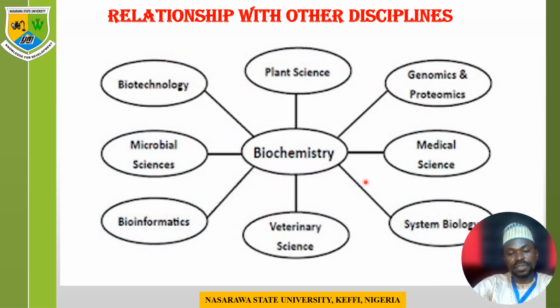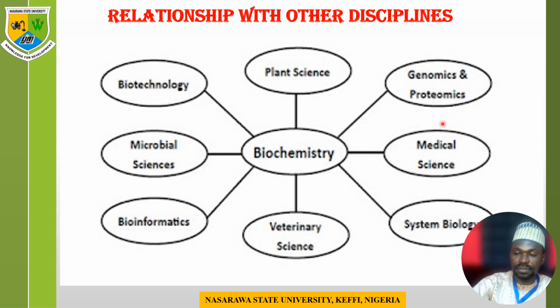Now, you can also see the relationship of biochemistry with other disciplines like plant science. There is a direct link. In plant science, you'll have to do genetics. Genomics, of course, is when you study genes, and proteomics is when you study proteins. This discipline has a direct link with biochemistry.